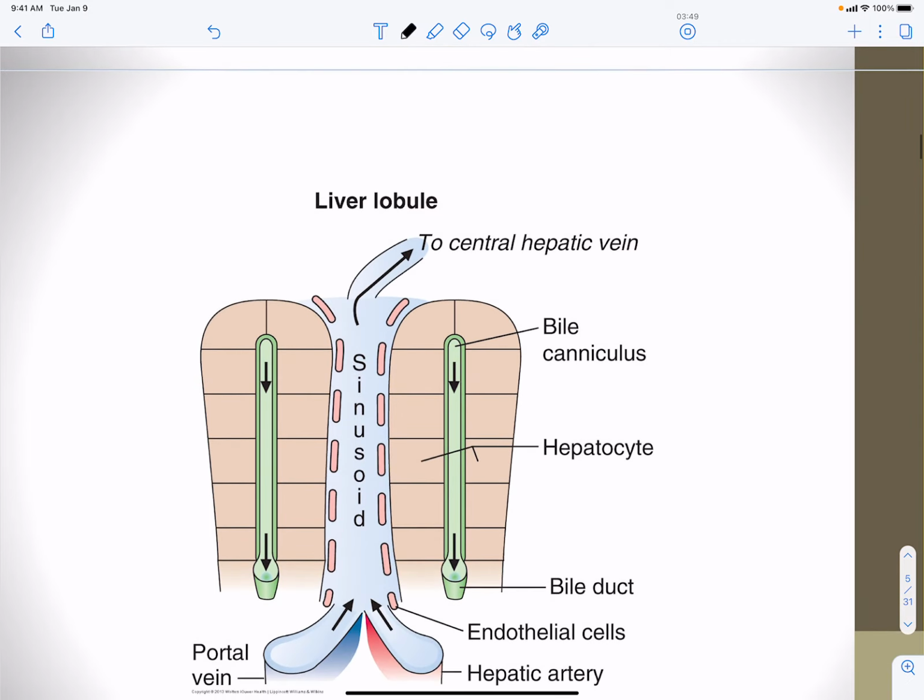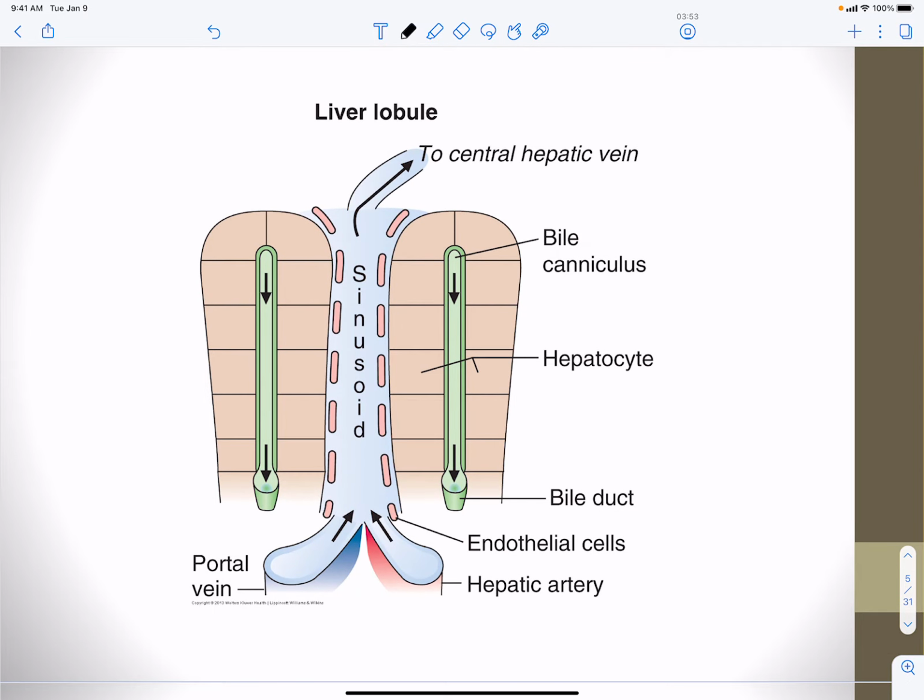So now the liver, this is just another drawing of the liver, and within this drawing you can see the sinusoids, and the sinusoids are expandable vascular channels.